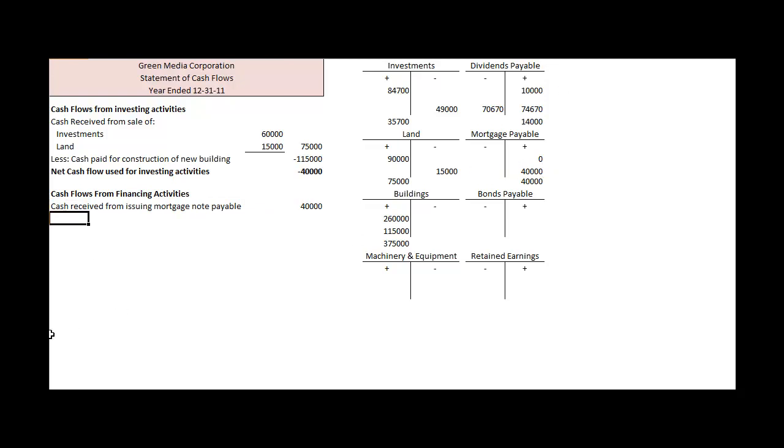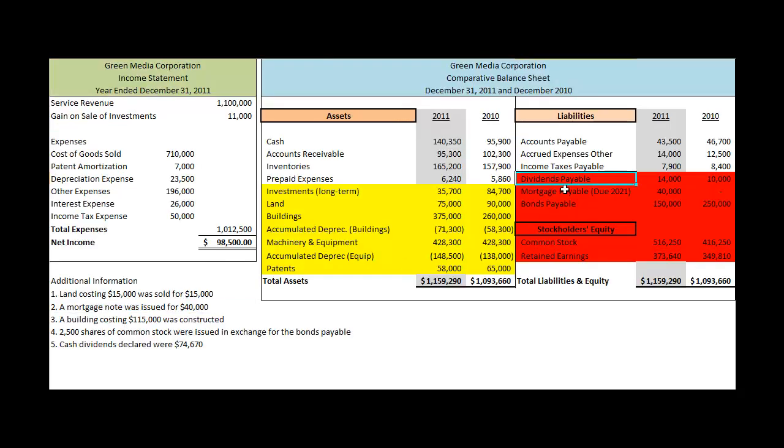Let's see if we have any other cash inflows. We've dealt with a cash outflow for dividends and a cash inflow for the mortgage. Look at what happened to my bonds payable. My bonds payable, which is also a long-term liability, a promise to repay at a future date, started with $250,000 and ended at $150,000, so it went down. It looks like some sort of a decrease, and we decrease a loan or bond payable by paying in cash typically.